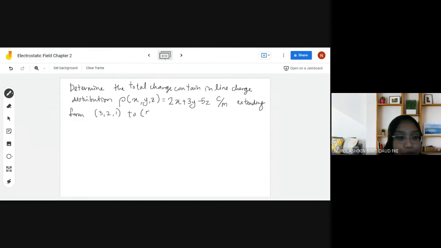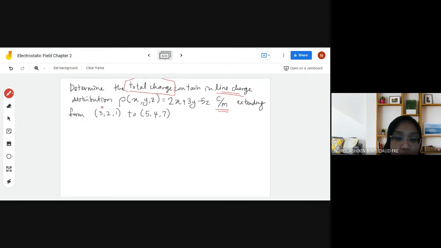So the question says to determine the total charge. You need to find the total charge contained in a line charge. Since it is a line, it complies with the unit here, coulomb per meter, so it refers to a line charge.